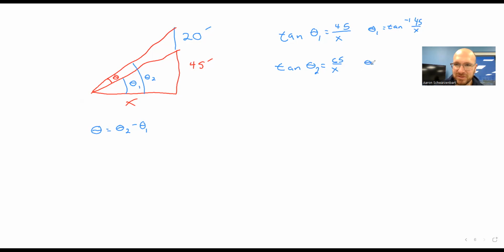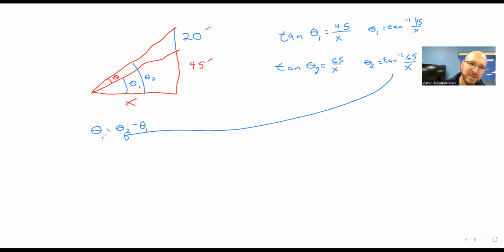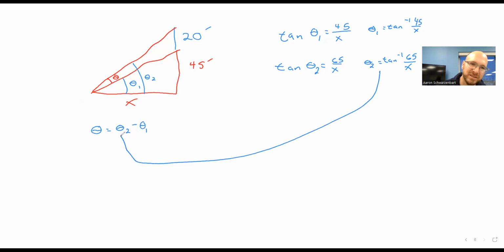And if I want this one simply to be theta 2, I use the inverse tangent, again, of 65 over x. Then I can take these and substitute them into this equation, because ultimately what I want to do is maximize theta.